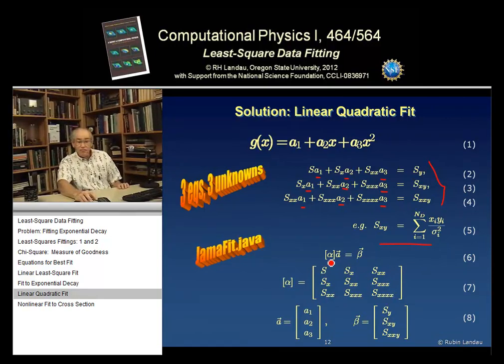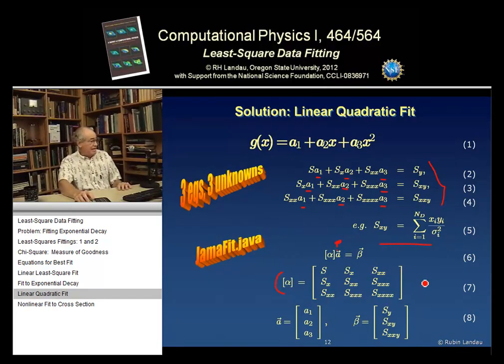That's just alpha, which is a matrix of known values, so there's alpha, all these S's which are known, A, so this is the unknown, A, that's what we have to solve for, and beta is, again, the S values, the right-hand side, that's known. So we can solve this set of equations just using our matrix library routines.